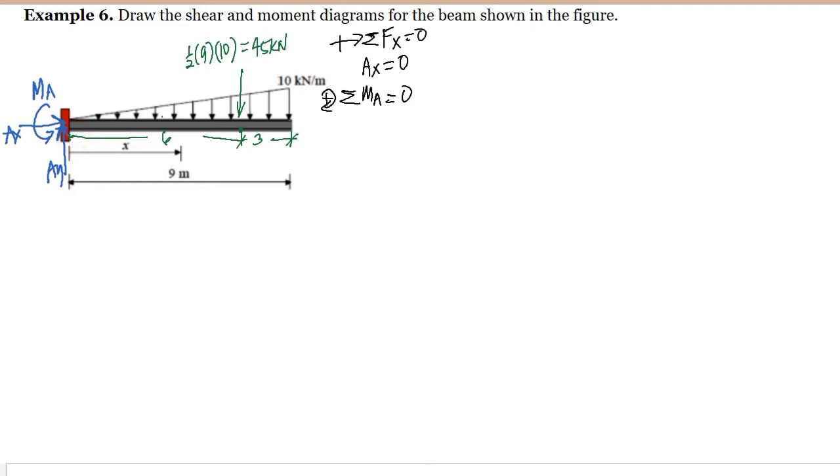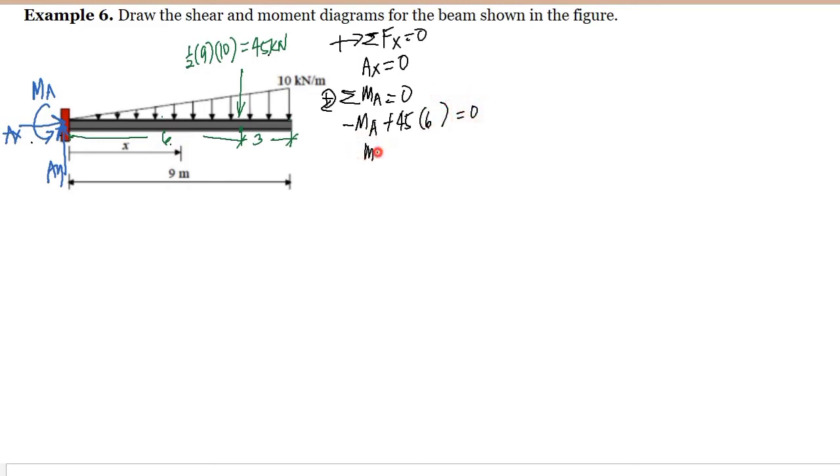Okay, so first we have here the moment at A, and we assume that it is directed counterclockwise, so this is negative. Then this 45 kilonewton here will rotate clockwise, so it is positive. Multiply by the moment arm. The moment arm from the point A is 6. And this is equal to 0.